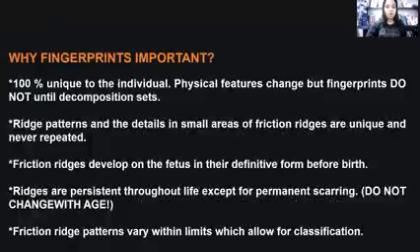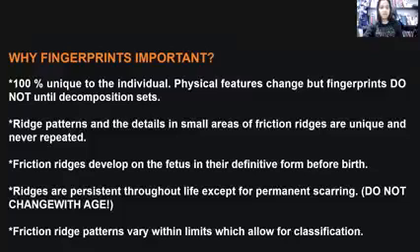Now, why are fingerprints important? First, they are 100% unique to the individual. Physical features change, but fingerprints do not until decomposition sets in. Second, ridge patterns and details in small areas of friction ridges are unique and never repeated.